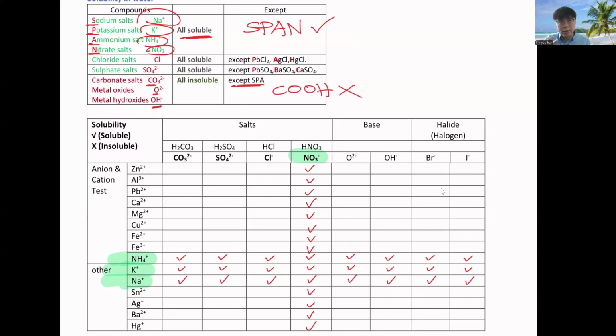Anything with these four, Na, K, NH4, and NO3, will be soluble. Anything with carbonate, oxide, and hydroxide will be insoluble except the SPA. Because SPA confirms soluble, but the rest with carbonate will be insoluble.